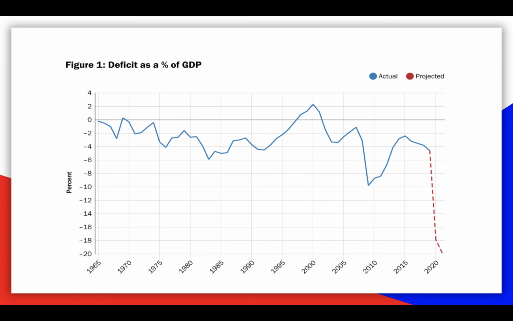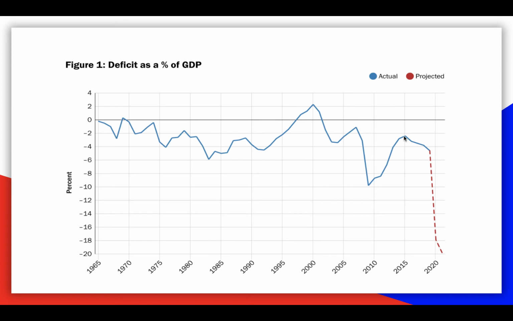So this was a CBO projection done this summer of our deficit. And you can see that as a percentage of GDP right here. So this is deficit as a percent of GDP. We really dipped down in 2009 and 2010 during the recession. And it starts getting closer back up to zero, which is a good thing.